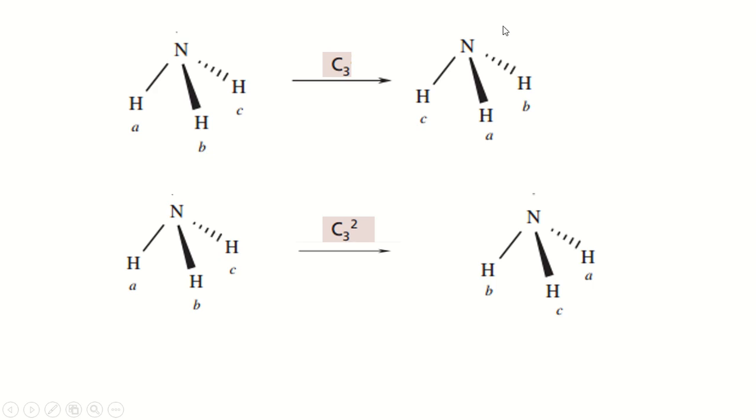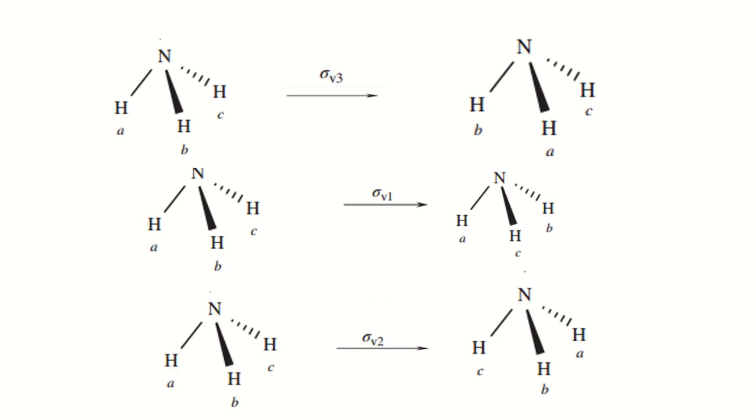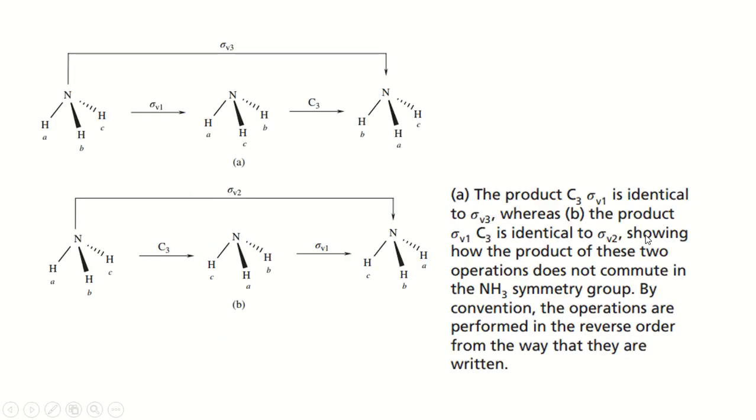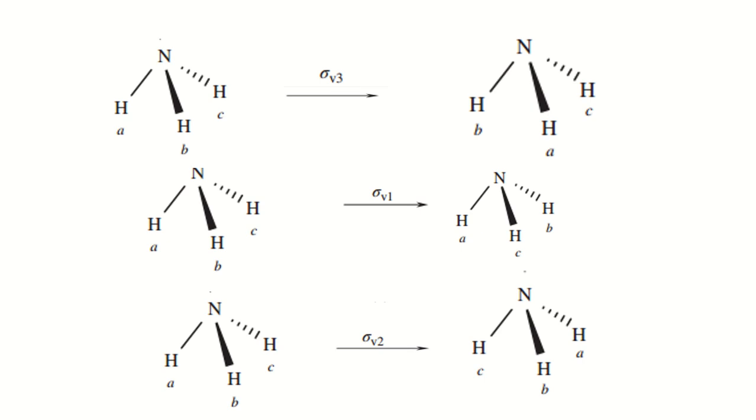The mirror plane of sigma V3 is along this axis, and the positions of HA and HB will change with each other, and this result would be equal to sigma V1. Here we can say this is actually sigma V1.